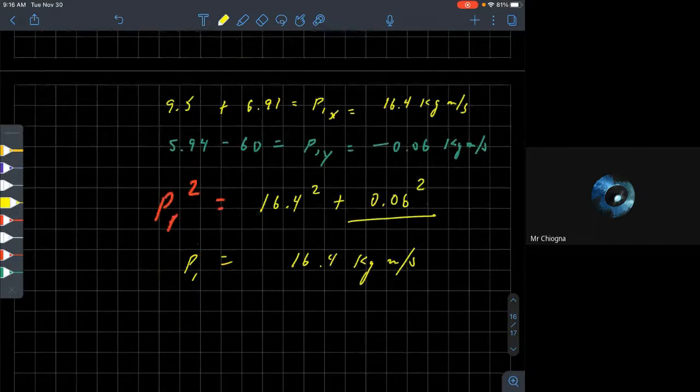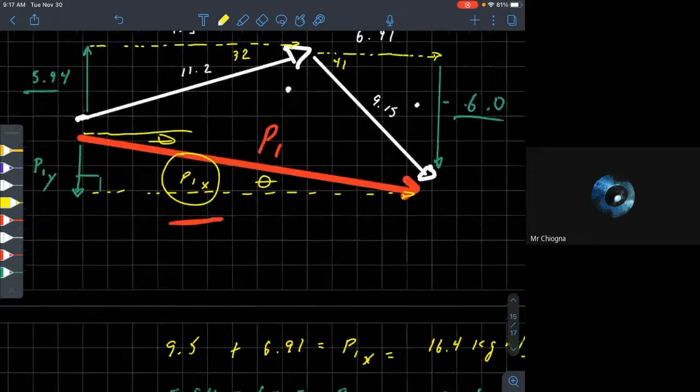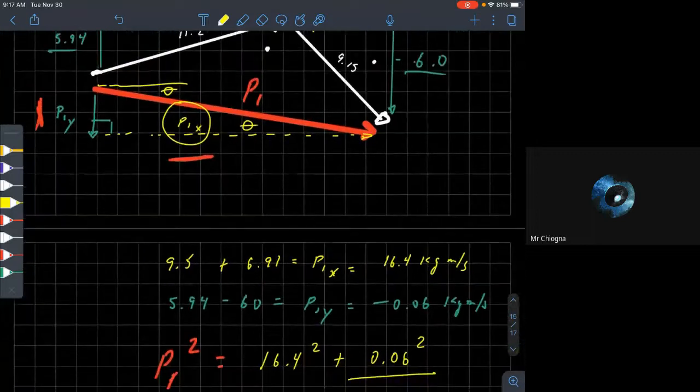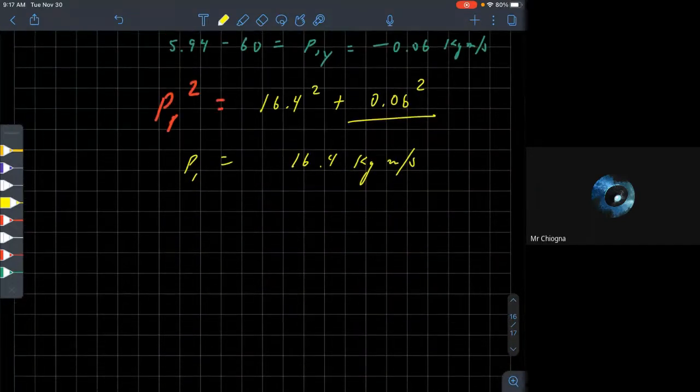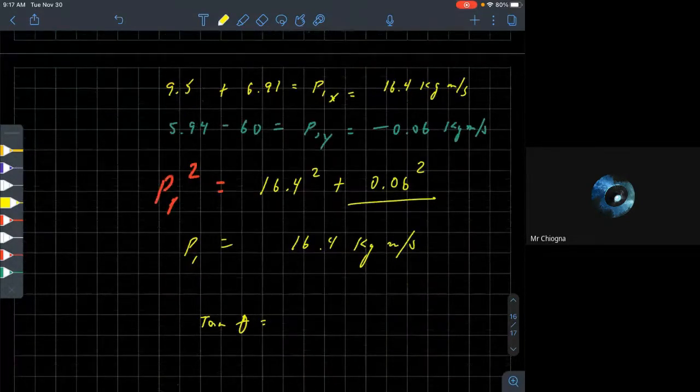Are you finished? No, because there's an angle here. You'd actually use this angle here. Those two angles are the same. Okay, how'd you find that angle? It is the tan, is equal to P1y over P1x.